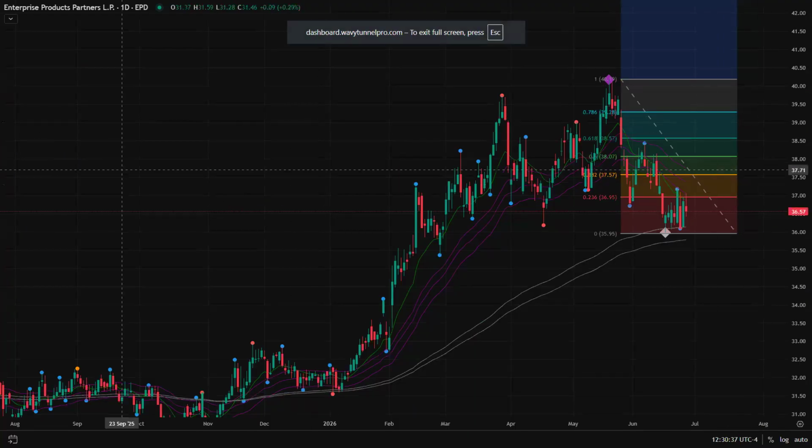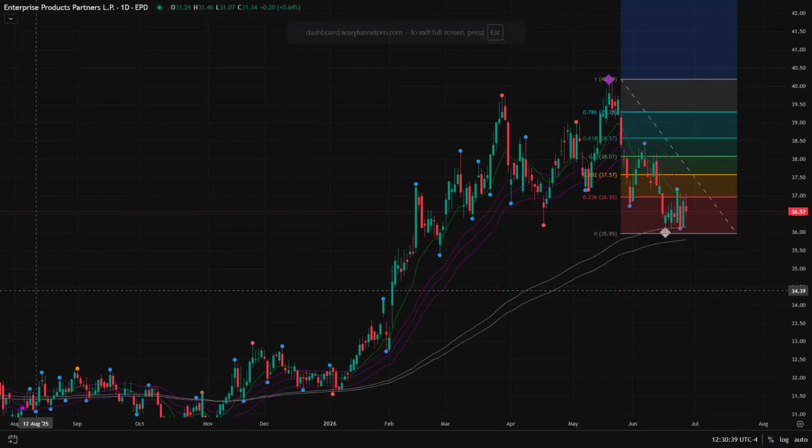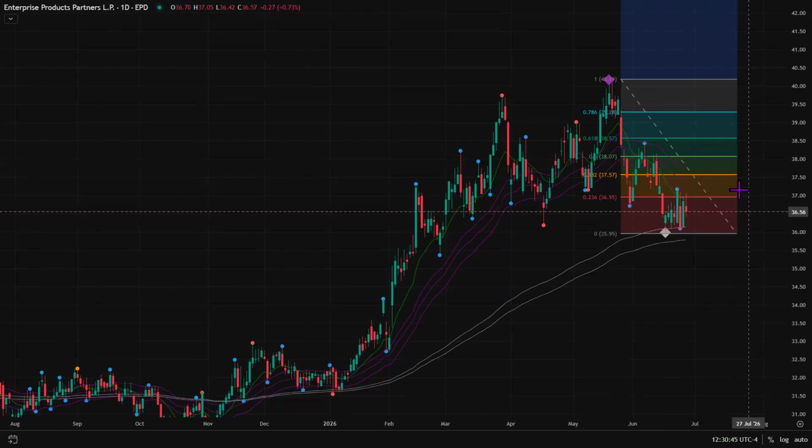So again, in the new version, we'd be able to blow it up first and then draw the Fibonacci right from here, which will be very nice.